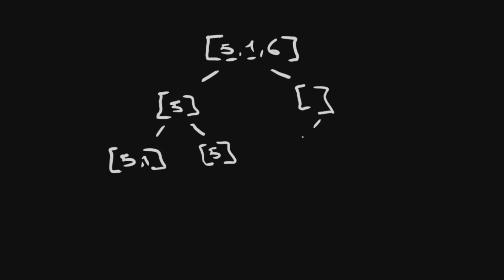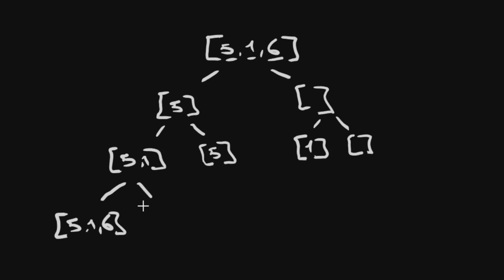We can take the 1, so we'll get an array with the 1, or we can keep our empty array. And here we are in another level, so we are now working with the 6. In the array with 5 and 1, we can decide to take the 6, so we'll get 5, 1 and 6, or we don't take the 6, so this would be 5 and 1.